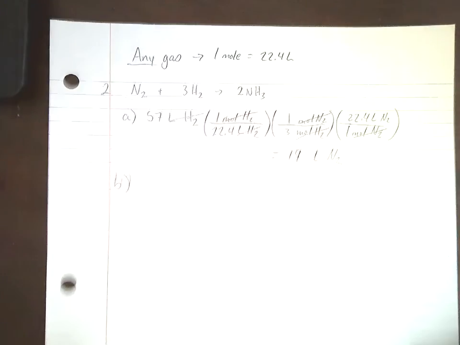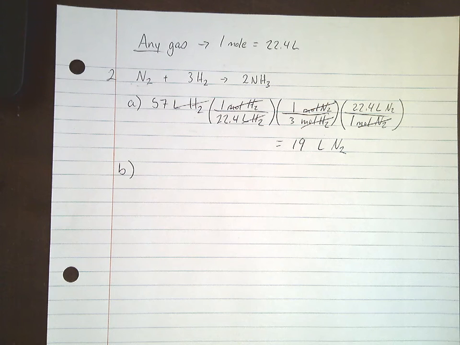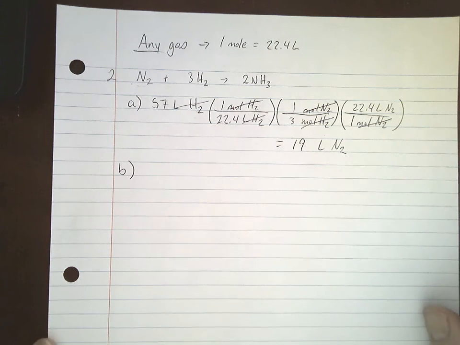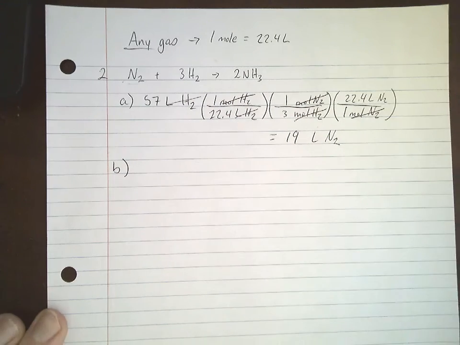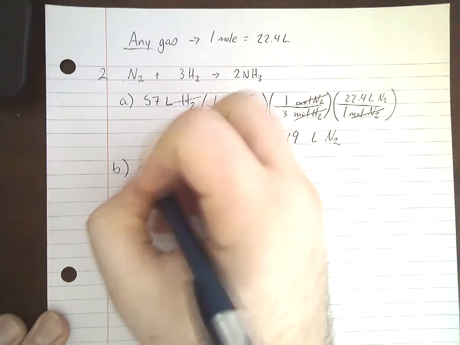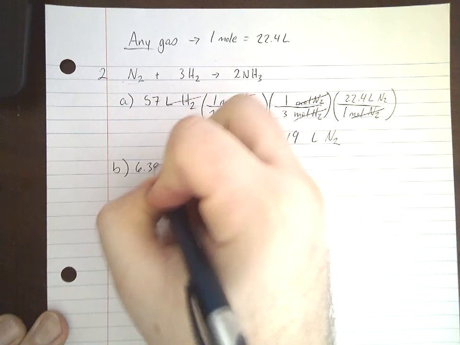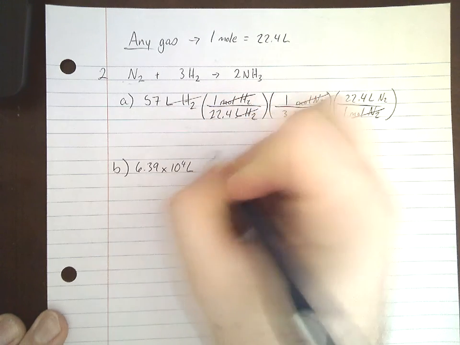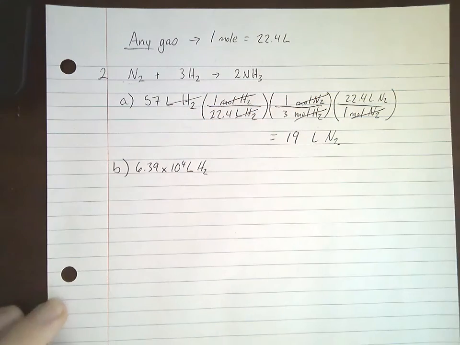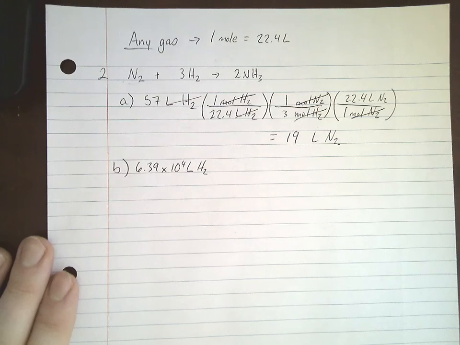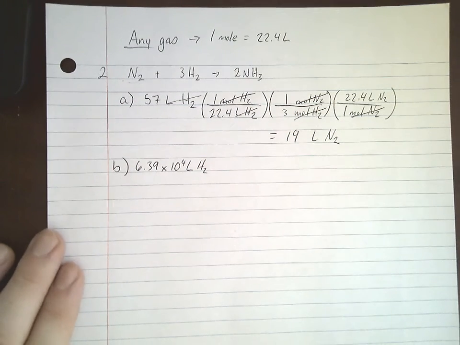Part B says what volume of ammonia at standard temperature and pressure can be produced from the complete reaction of 6.39 times 10 to the 4th liters of hydrogen. So this problem is set up in much the same way, except it's asking us for a different substance at the end. We're starting with 6.39 times 10 to the 4th liters of hydrogen, and the problem wants us to convert into volume of ammonia.